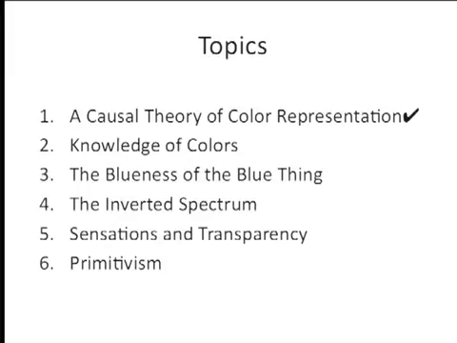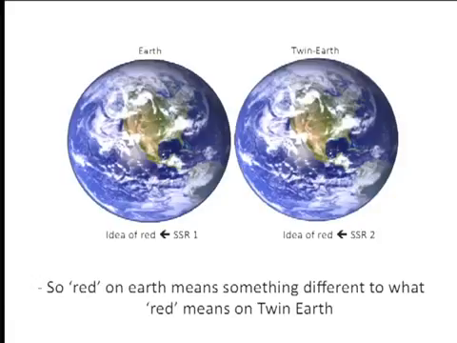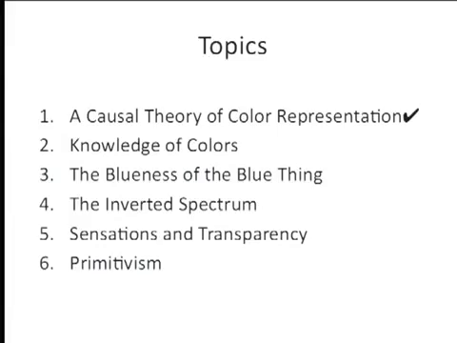So your idea of red, you're getting the idea in the two situations, but the thing out there that's causing it is different. Okay. Is that clear at any rate what the scenario is? What the issue is?